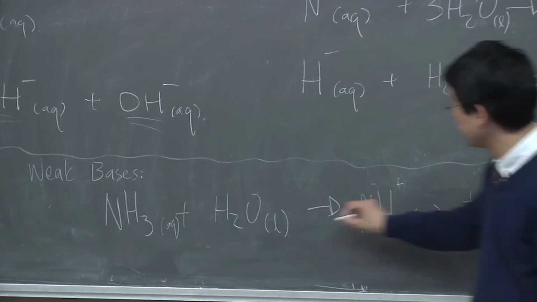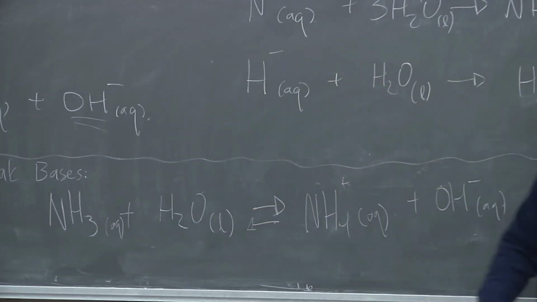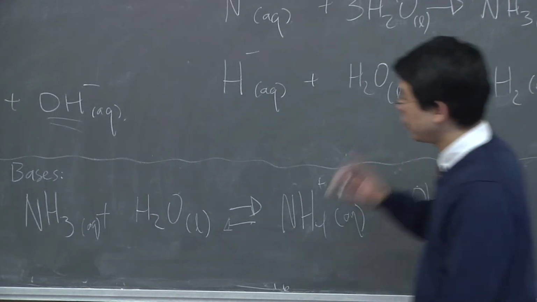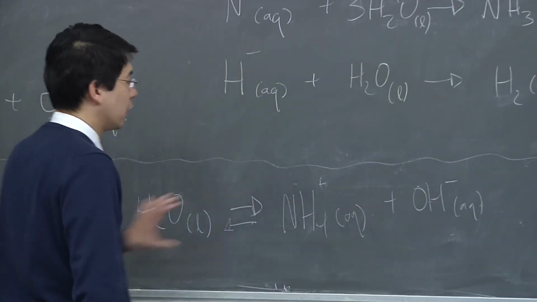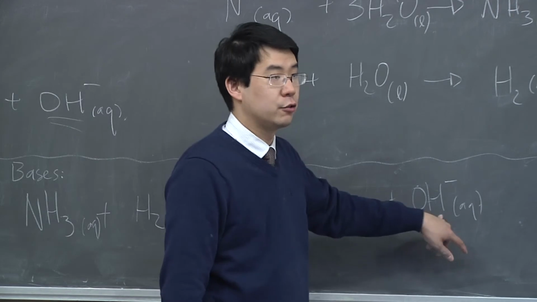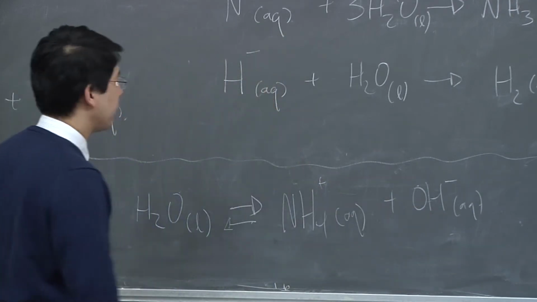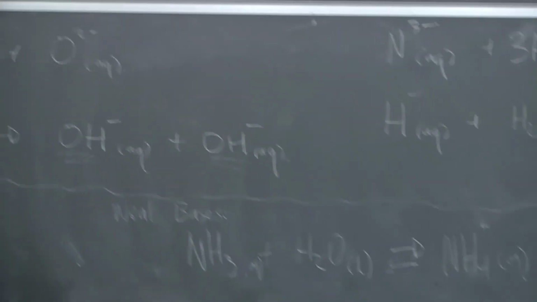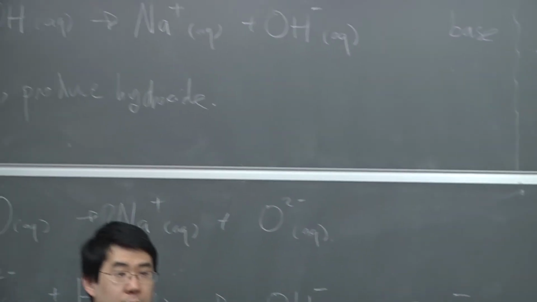Except this process is also controlled by a double-headed arrow. And so in this solution you have ammonia, ammonium, and hydroxide. So in this case, there's no more NaOH, right? It's a soluble ionic compound.